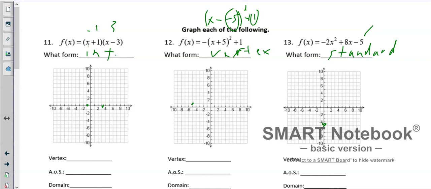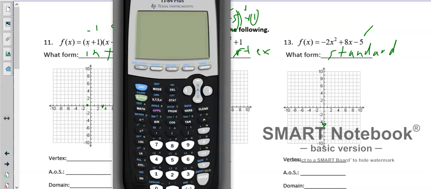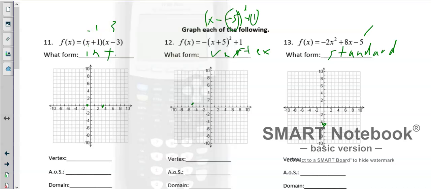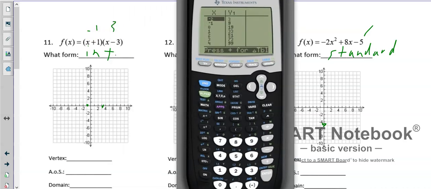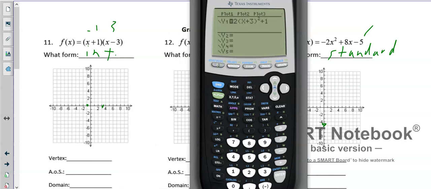Now, let's get to using the calculator to make these easier. So clear it out. I have parentheses x plus 1, parentheses, x minus 3.